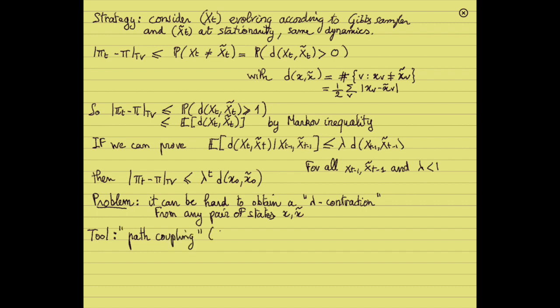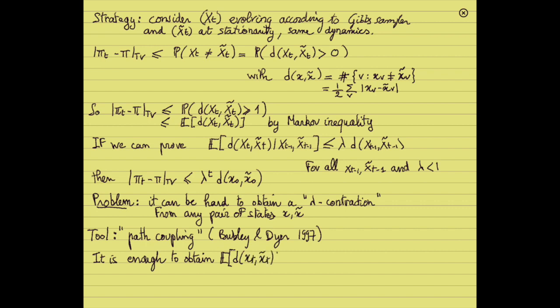And so there's a very convenient tool called path coupling, due to Bubley and Dyer, 1997, which states that, in fact, instead of considering all x and x tilde at time t-1, it is enough to obtain the contraction over one step.